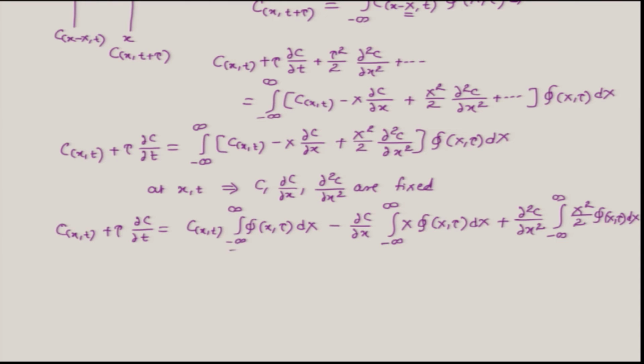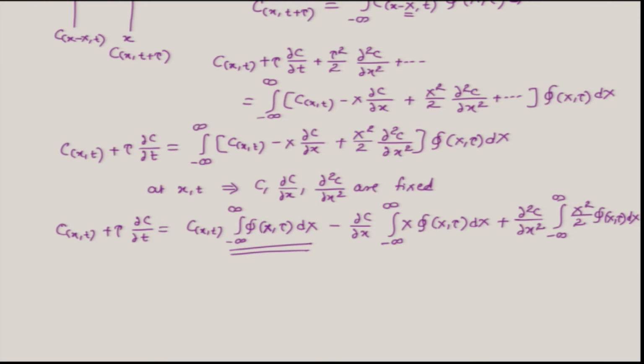Now, what should be the value of this integral, integral minus infinity to infinity phi of X tau dX? Remember, phi is the probability that a particle has increased its x coordinate by capital X in time interval tau.